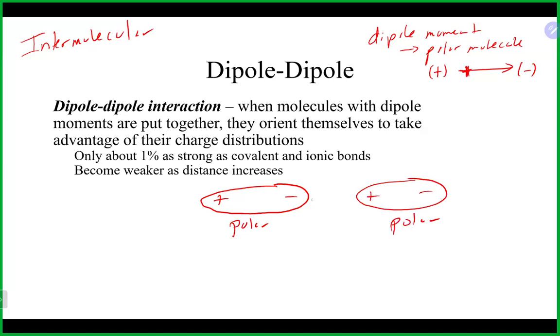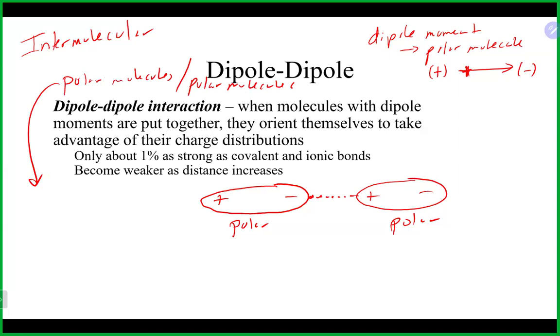And it is through the negative side of one molecule and the positive side of another that they're able to interact with each other and bind. And that is what is known as dipole-dipole interaction. This is the major type of interaction that occurs between polar molecules and polar molecules.